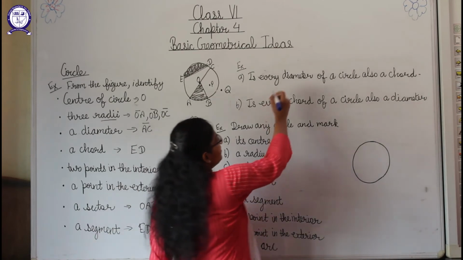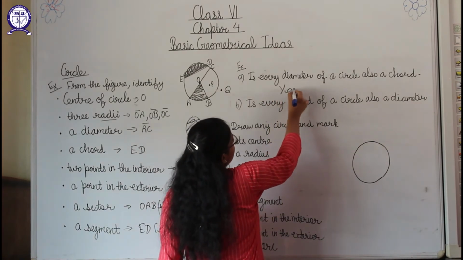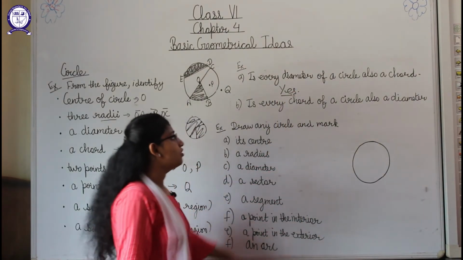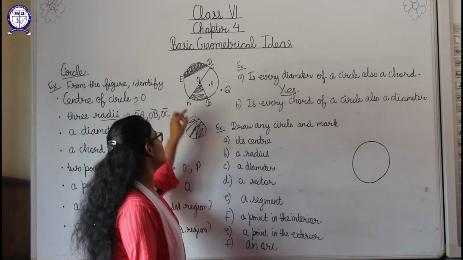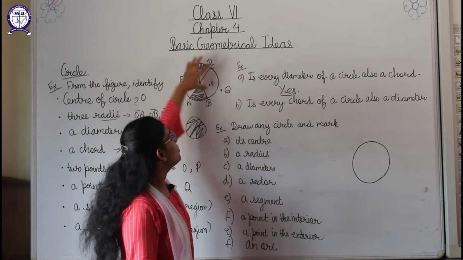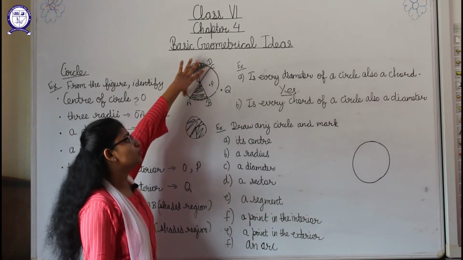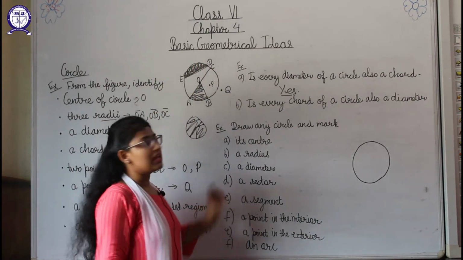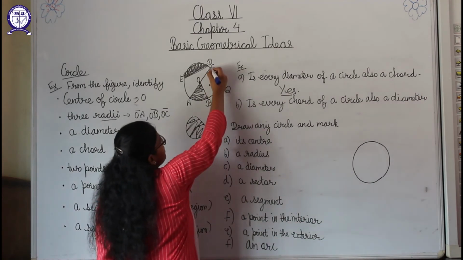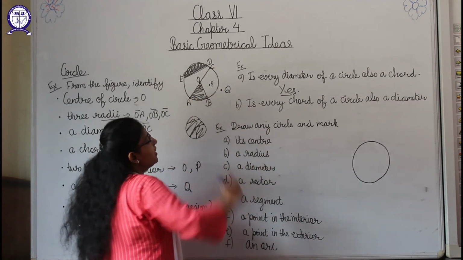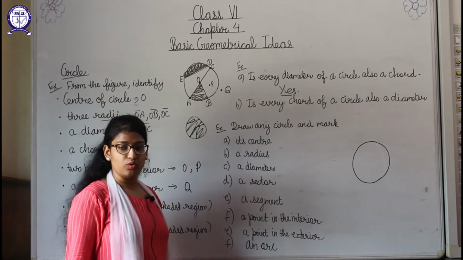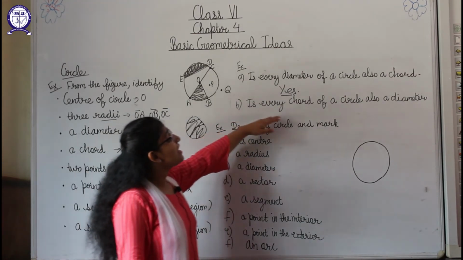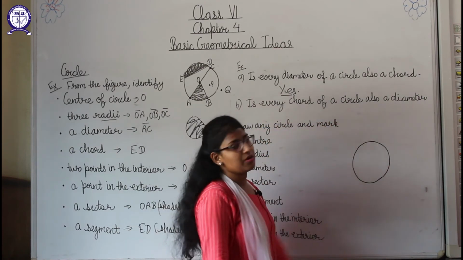Yes, every diameter of a circle is a chord, because both of them require joining 2 points on the boundary. Here AC is the diameter, we can call it a chord also, because chord needs to join 2 points on the circle. Here it is joining 2 points, so yes, a diameter can be a chord.